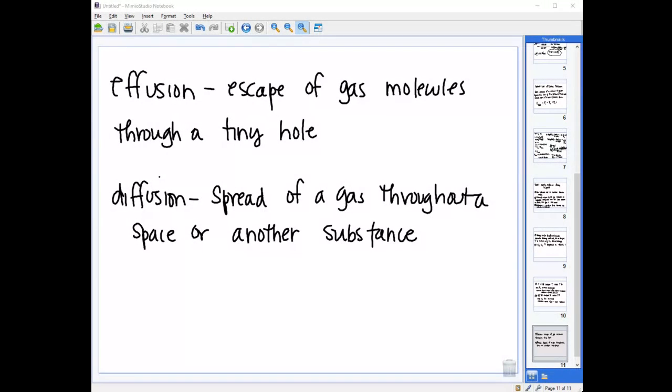So if you have a can of Coke, then you have a situation where carbon dioxide is diffused throughout the liquid. That's diffusion. If you open that Coke, and we're going to open it really slowly, whether it's a bottle or a can, what happens as you start to open it?